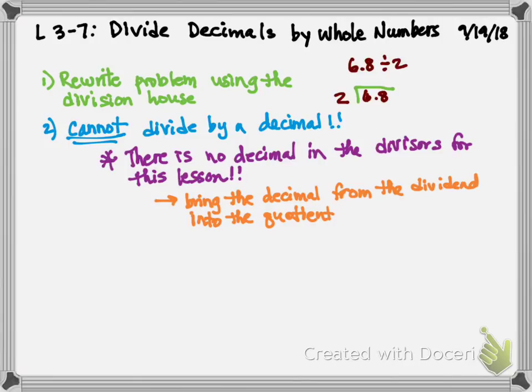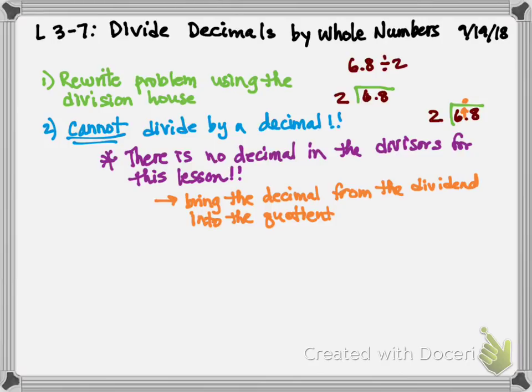Well, we're going to do kind of the same thing with division, as long as we first have brought the decimal point straight up into the quotient. So back to our issue over here. Here is our division house. We've got the divisor 2, the dividend of 6.8, and we're going to bring that decimal point straight up into the quotient. Okay? All right.